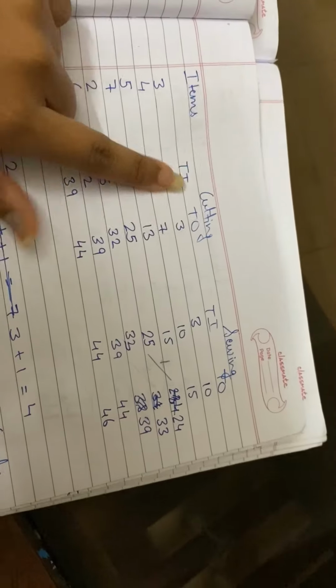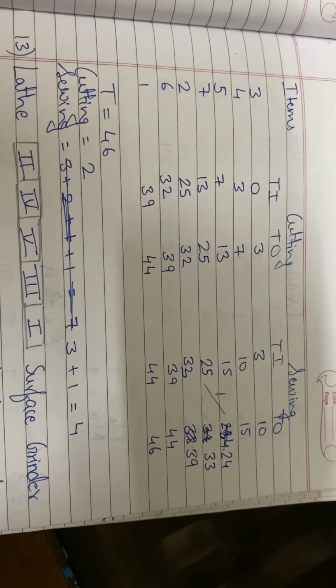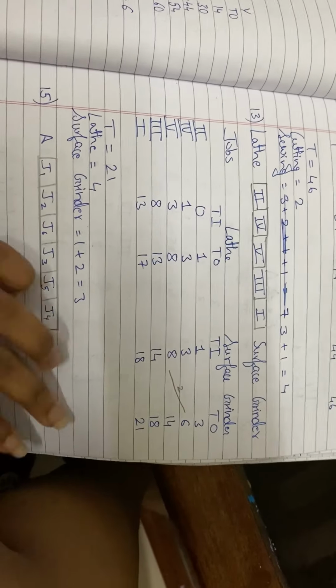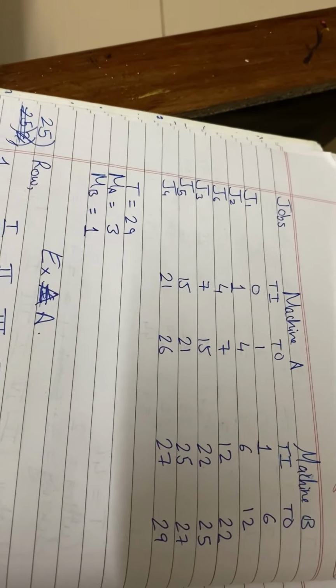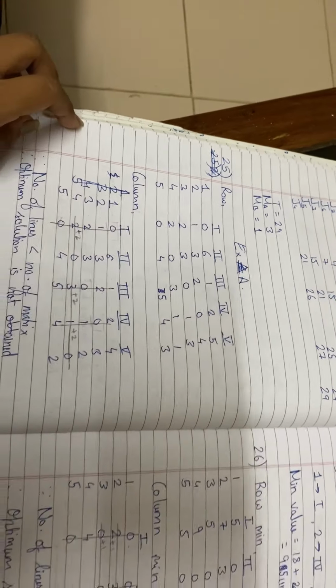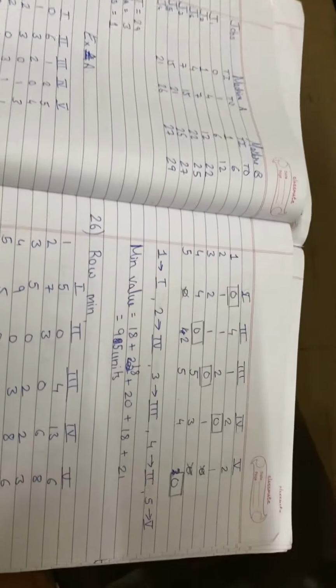I've written it in short forms, but you have to write it in full form since it carries marks. I might have missed this, but you can solve it now.